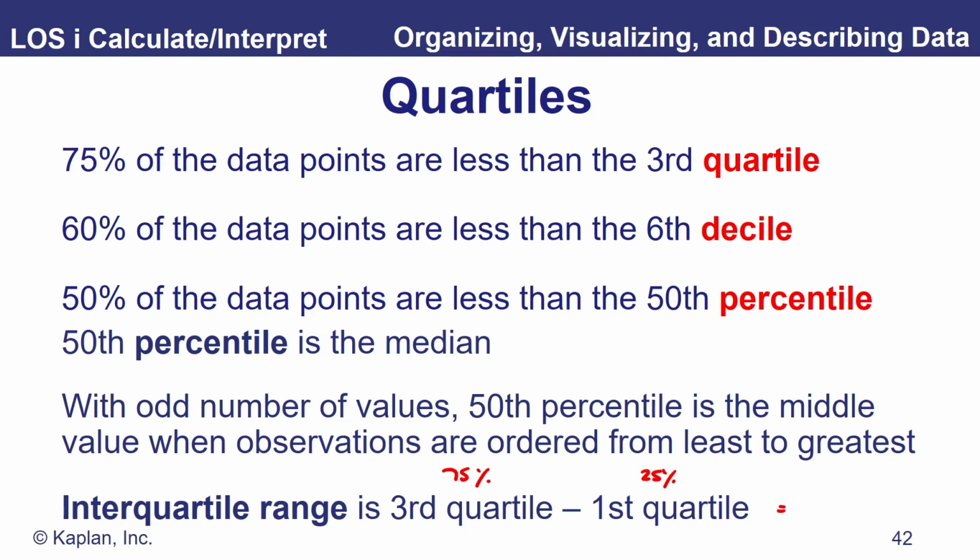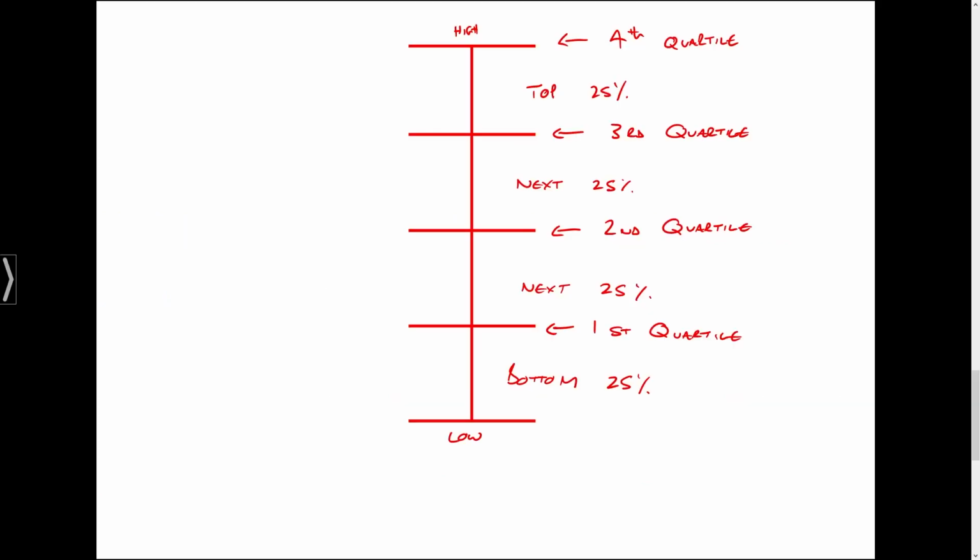So the interquartile range is giving you 50% of your observations, and it's the middle 50%. Again, if we were to go back to our diagram, where we were looking at our quartiles, here is our interquartile range. The middle 50% of observations. So third quartile minus first quartile.